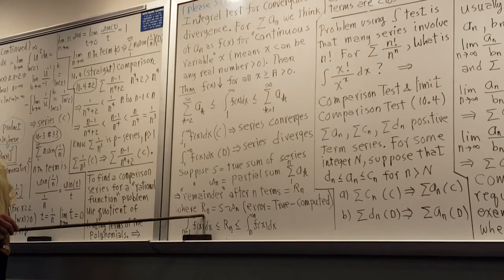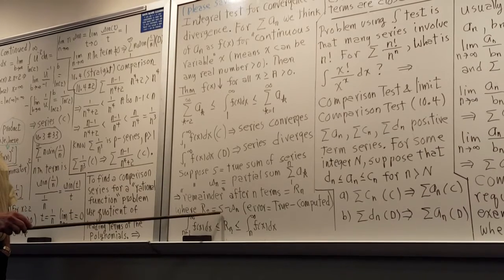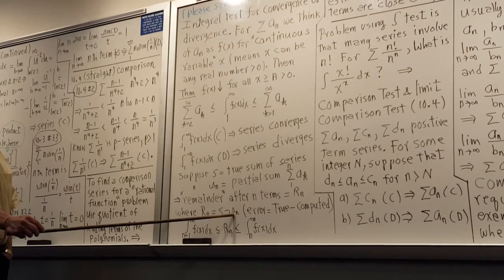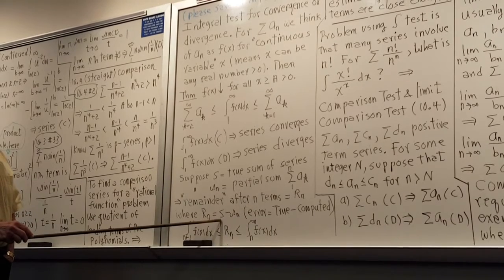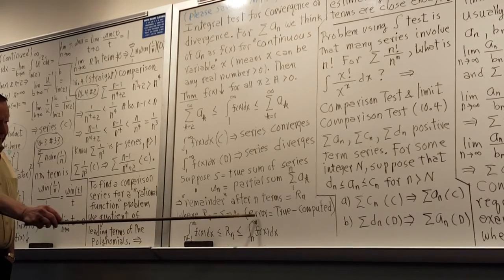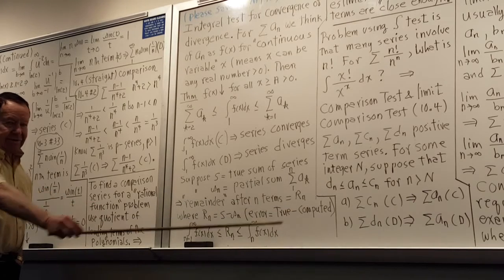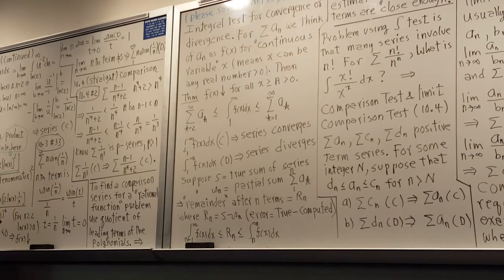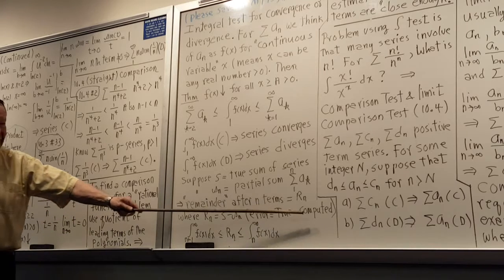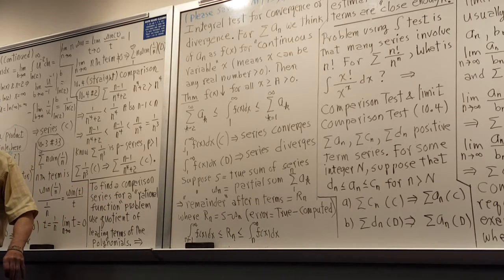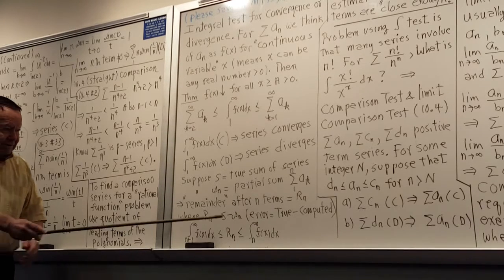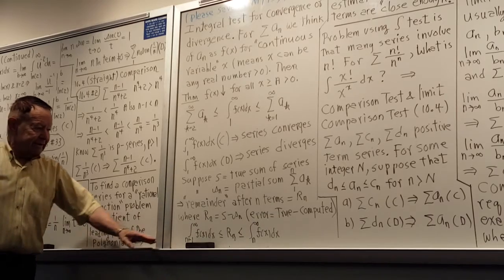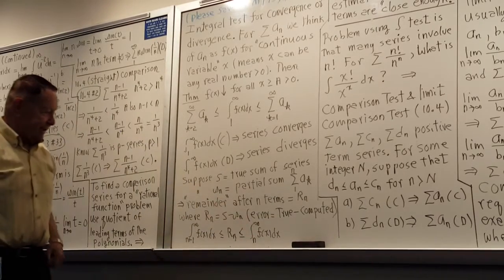So thinking of this as the error in using S sub n instead of capital S, error is true minus computed. That depends on whose book you're in, but either this or computed minus true is going to be the error, and it depends on which way you define things. So this is how your book has it, and it's as good as any.